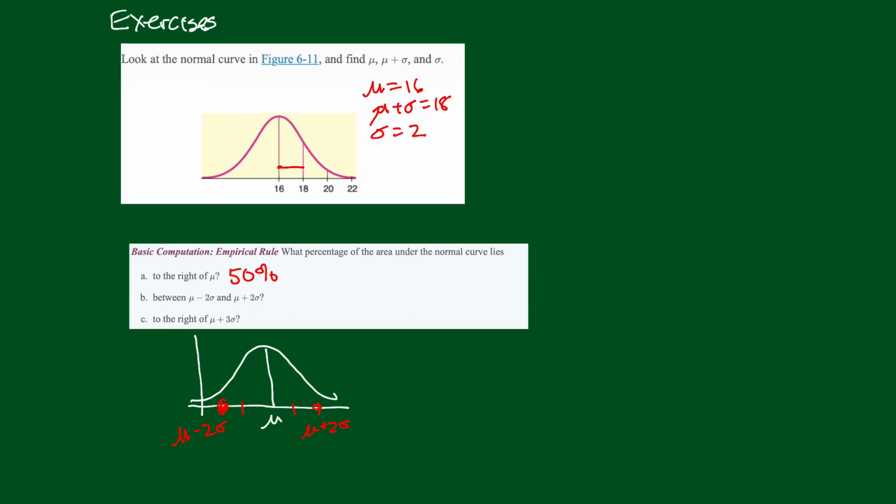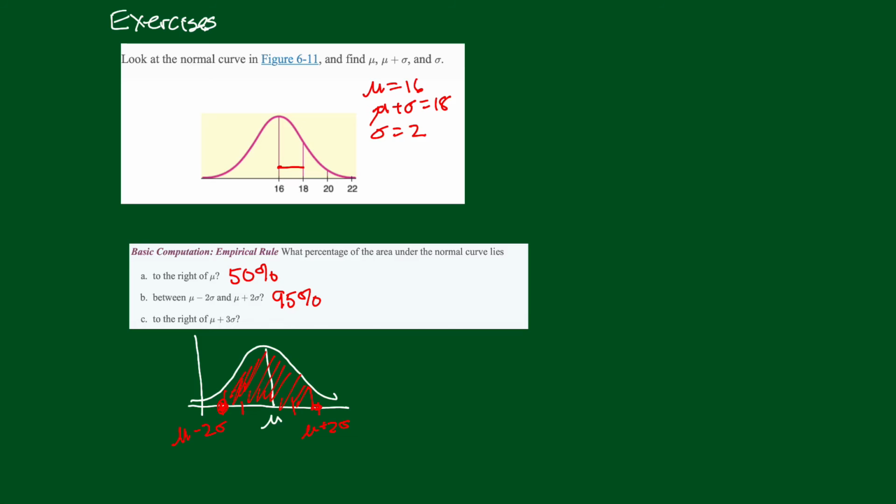So how much of the area is between those? Now, empirical rule. Remember what it was? Empirical rule, it is 95%. So 95% of all the data lies between those two values.